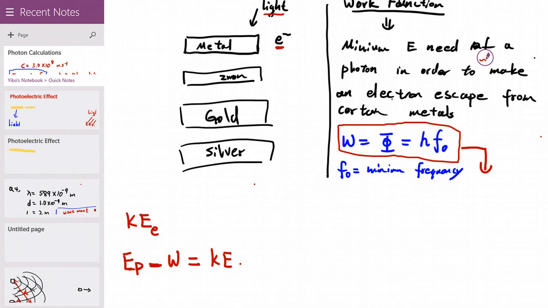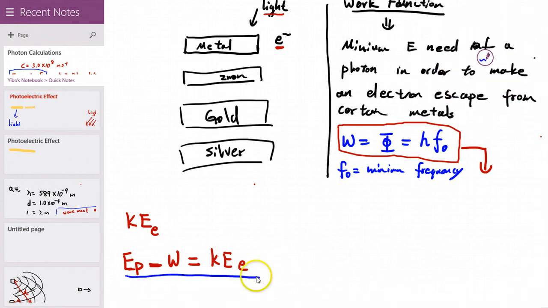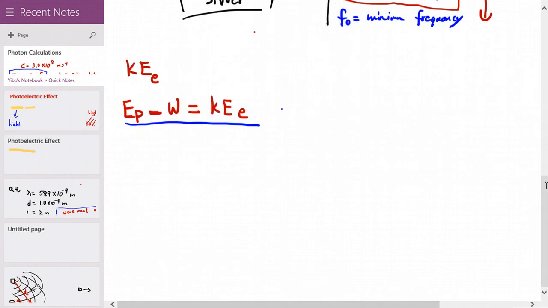So this is another important equation here. The energy carried by the photon is basically the energy input, take away the energy needed to make the electron escape, will be the energy left, which is the kinetic energy of the electron. We can elaborate this equation.